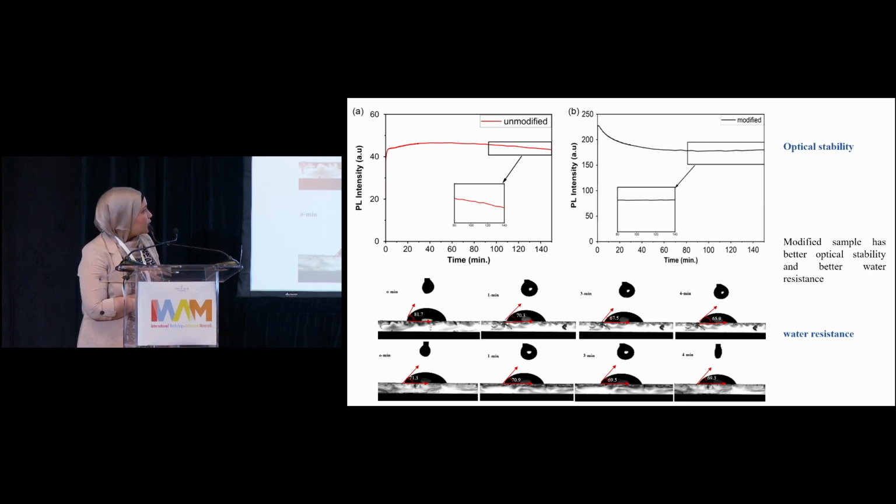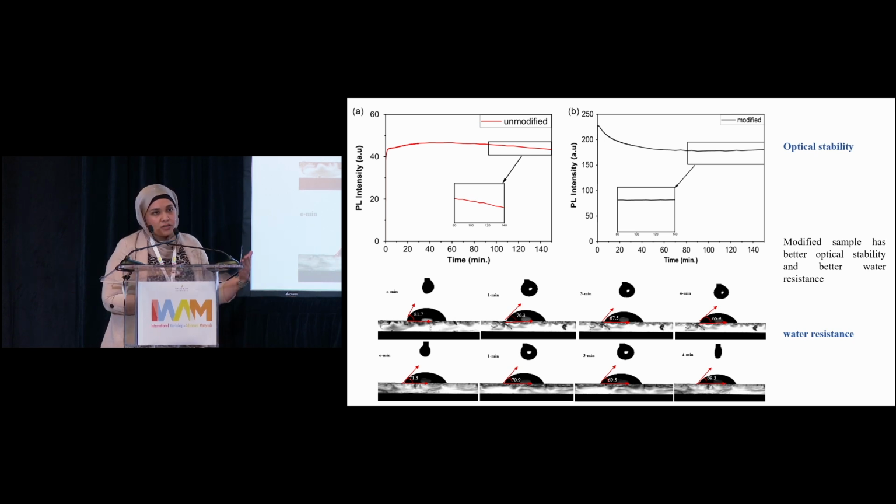And here you can see the unmodified particles, that the size of the water droplet increased significantly when compared to the original one, the size of the droplet at zero time, while in the case of the modified particle, the decrement was at a lower rate, which is an indication that the material hydrophobicity has actually been enhanced. And we could correlate that to the polymer hydrophobicity, as the polymer is adding extra water resistance to the material.